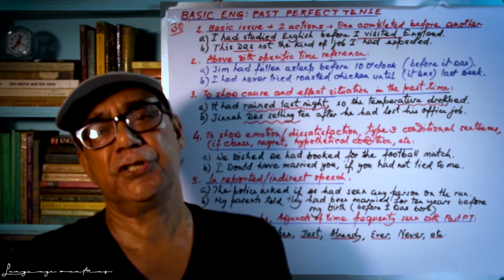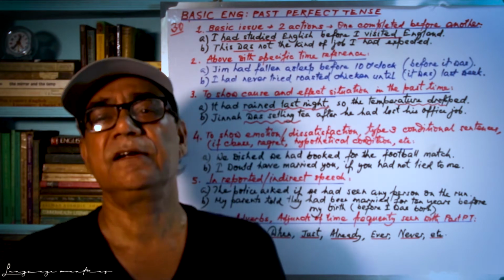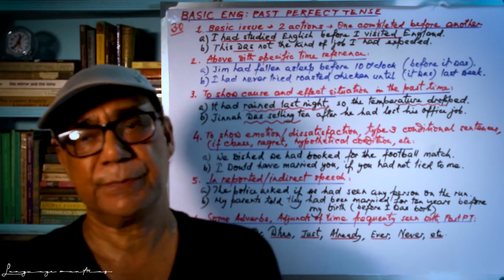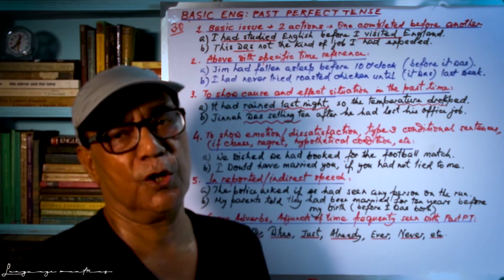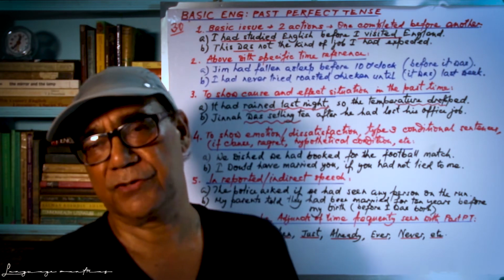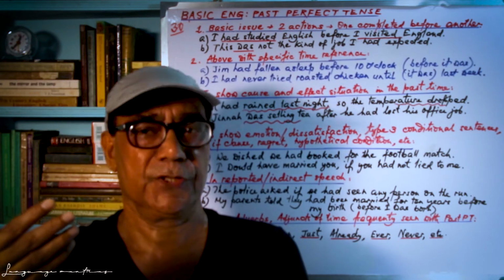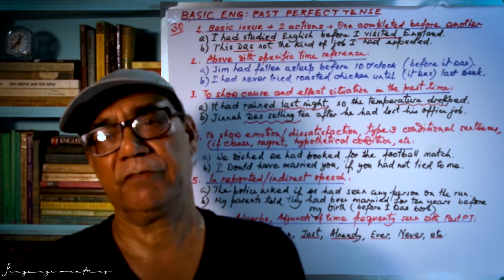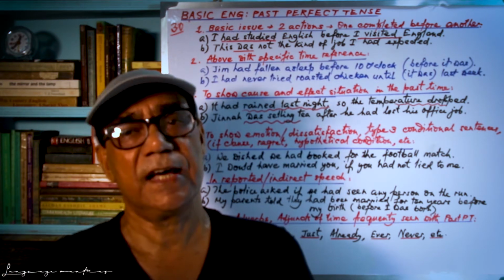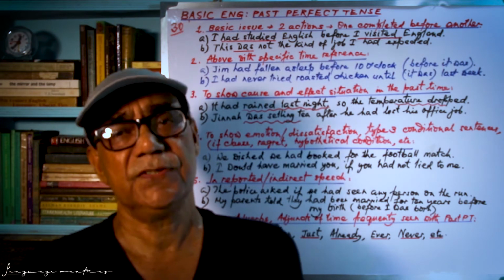So my expectation and my experience, these two things are different. My expectation first, and then after joining the kind of job, I got the experience. So the first action of the remote past will come first. That is treated as past perfect tense, and the later past action is treated as simple past tense, sometimes past continuous tense.